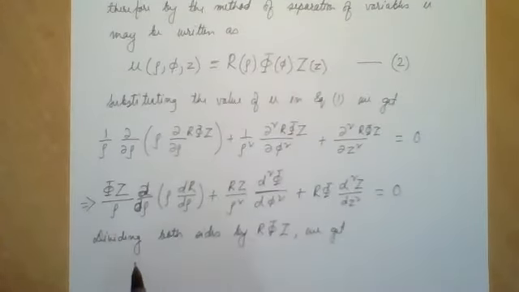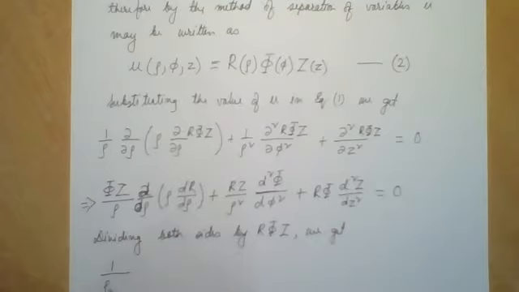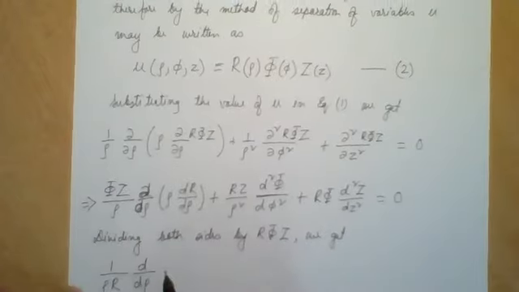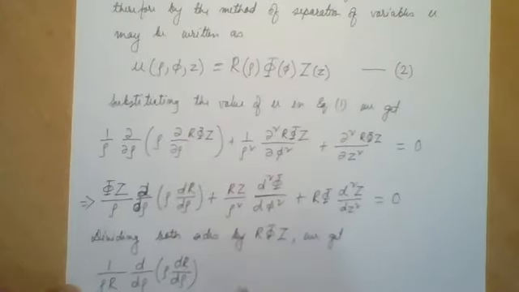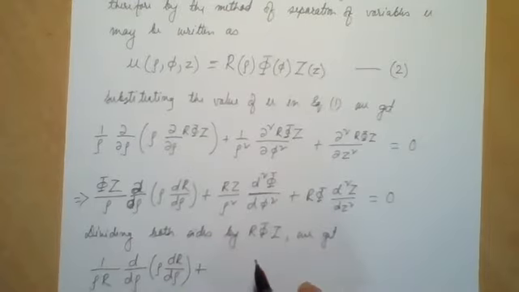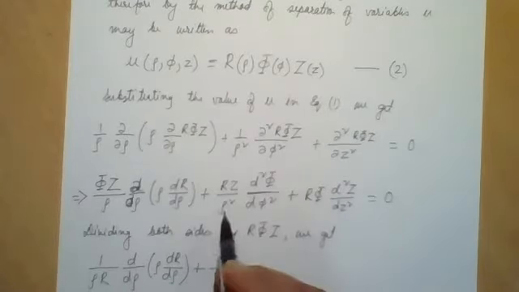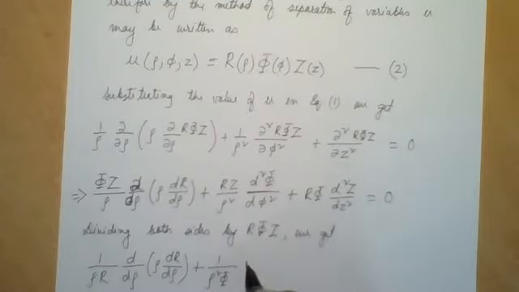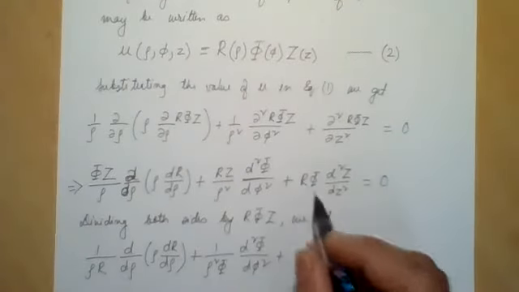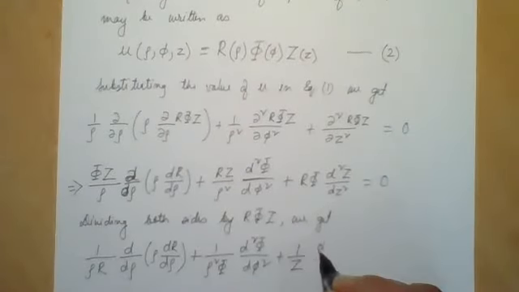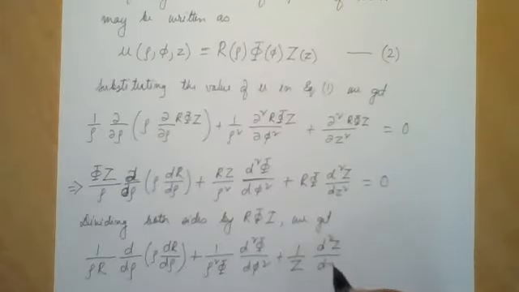We get 1 by rho R, d by d rho of rho dR by d rho, plus 1 by rho square capital Phi, d2 Phi by d phi square, plus 1 by Z, d2 capital Z by dz square.